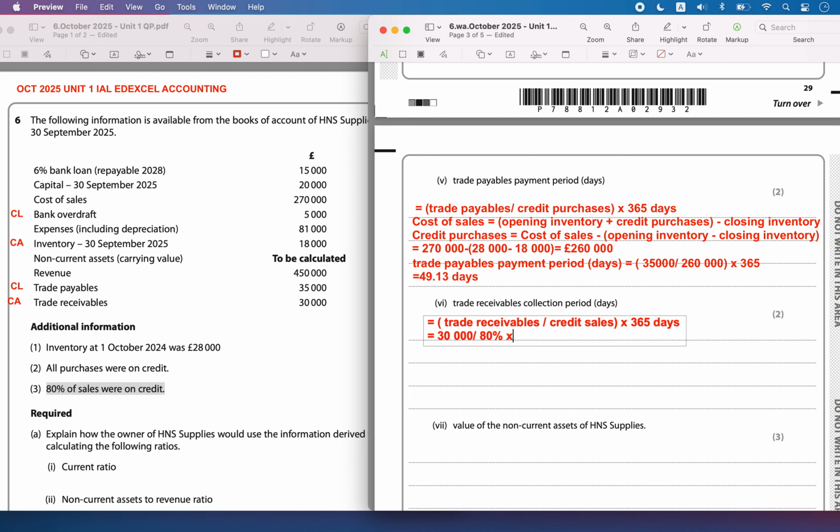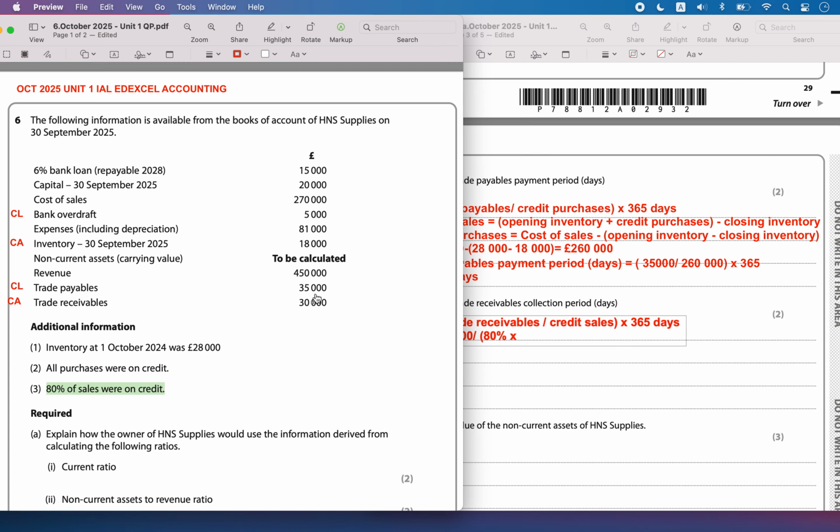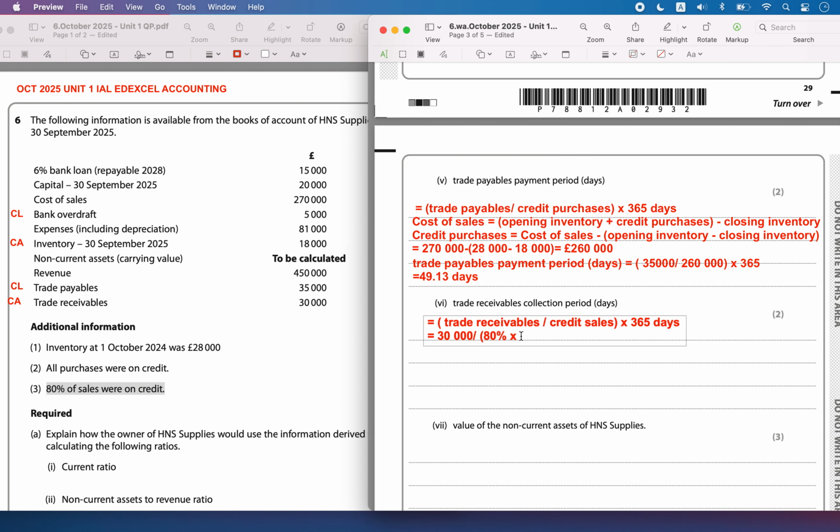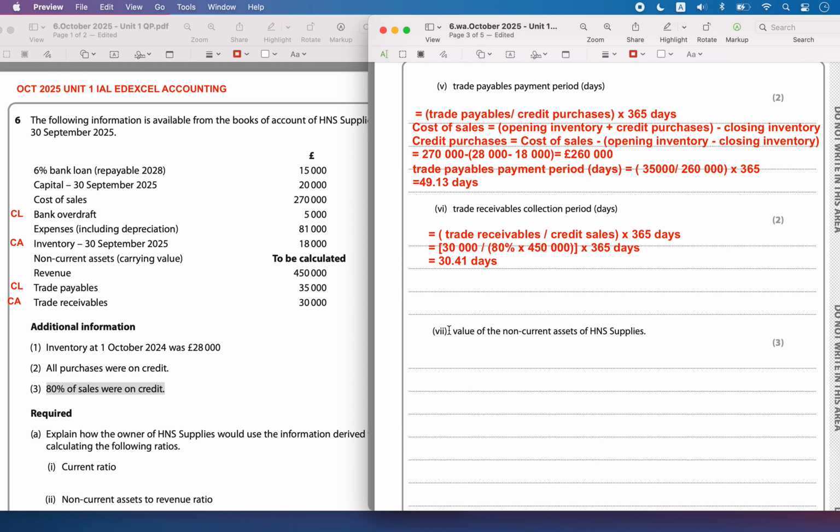Trade receivables is 30,000 divided by 80% of revenue. Revenue is 450,000, which has both cash sales and credit sales. Only the credit sales you will take into account; the rest 20% must have been cash sales. Multiply by 365 days. So that is going to be equal to 30.41 days.